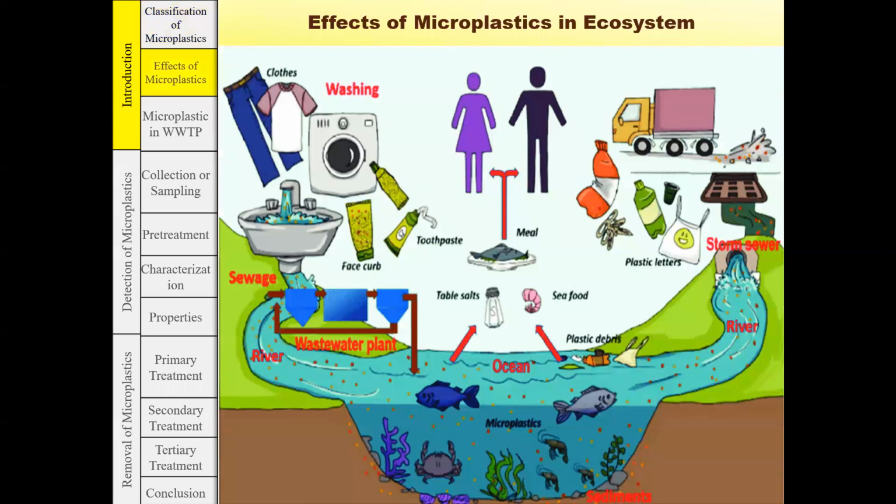Now, coming to the next part, that is the effects of microplastic in the ecosystem. This figure basically depicts the overall cycle of microplastic, that is how they are generated by different human activities and how they are eventually incorporated into our body.